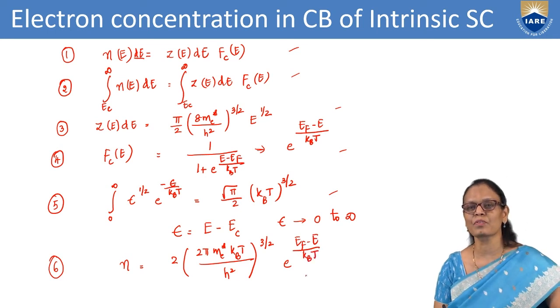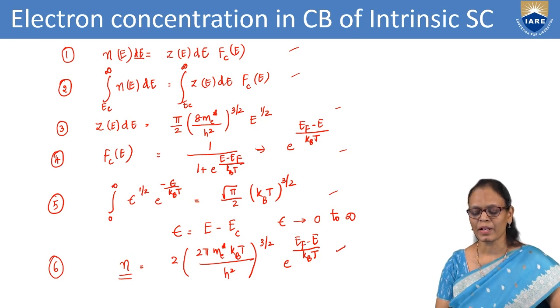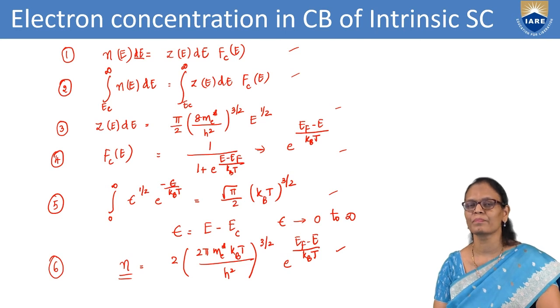This is the expression we are going to use to find the concentration of electrons in the conduction band of an intrinsic semiconductor. You need to practice, understand the terms, and then apply them.